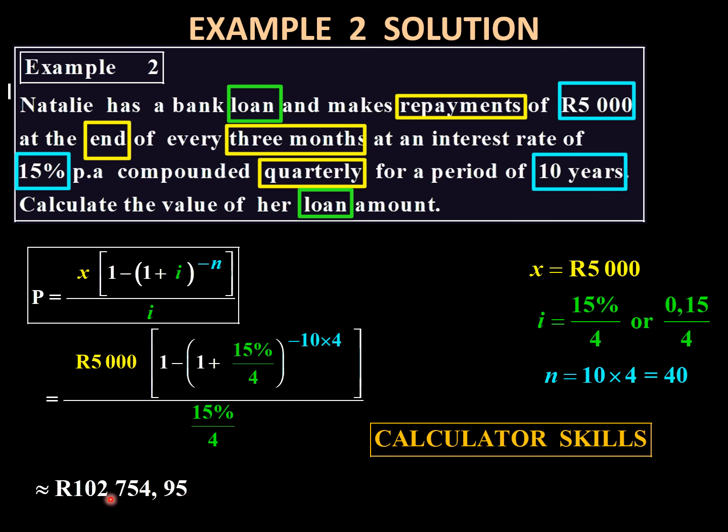So the loan amount that you had to take was 102,754 Rand and 94 cents there. Right? Again, as I said, do the calculation twice. Make sure that you have entered the values correctly. You could also type in, instead of that special key on the calculator, divided by 15% over 4.